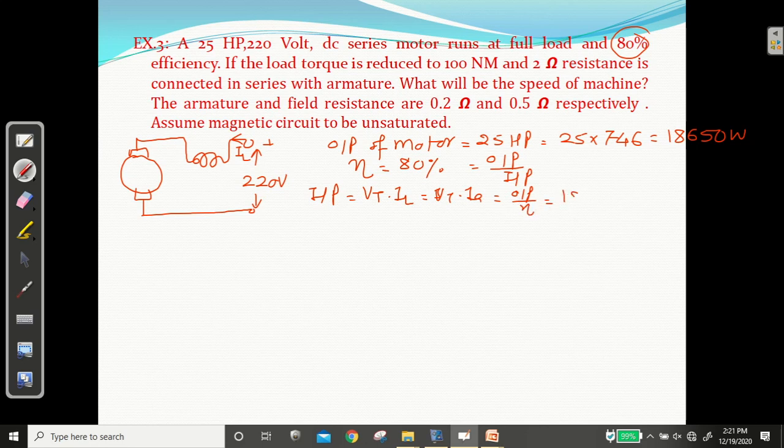Output is 18650 divided by 0.8. Input power will be more. If you divide, I am getting 23312 watt. That is the input power I am getting.